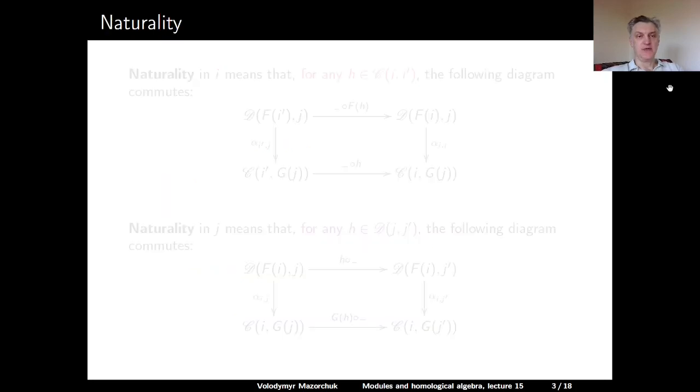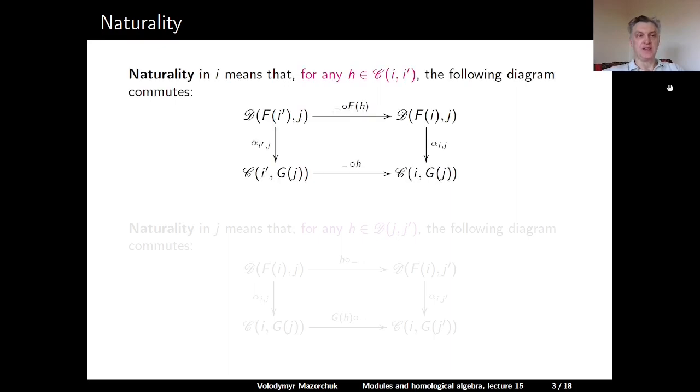Let us now explain what we mean when we say that these isomorphisms alpha should be natural in both I and J. Naturality in I means that for any morphism h in C from I to I', the following diagram should commute. We start in the morphism set in D from F(I') to J, and from this set we have two maps.